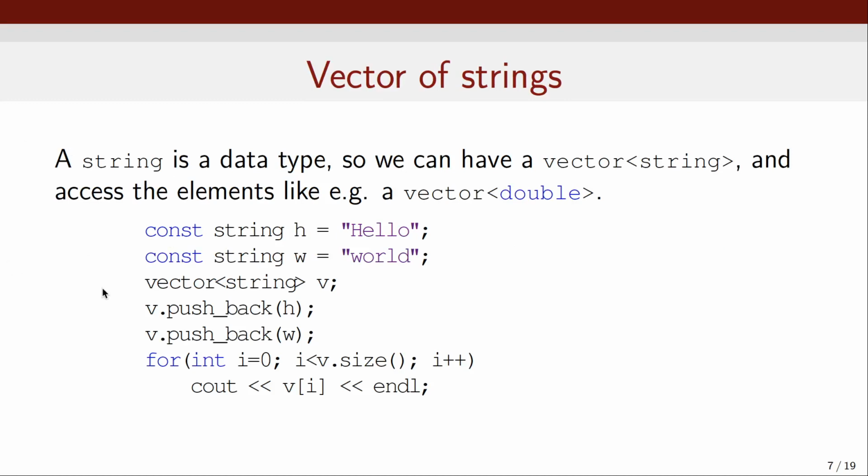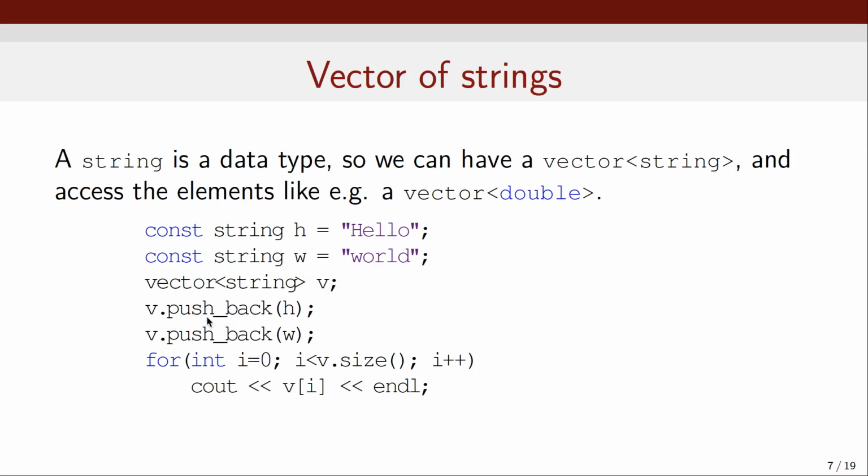We can also define a vector of strings. Now, a string is a data type, so we can have a vector angle brackets string and access the elements in the same way as we did before for a vector angle brackets double. So here we declare again a string h that is equal to hello, another string w that's world, and we can declare a vector of strings v, and then we can add elements to it.